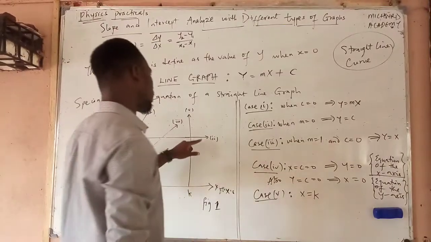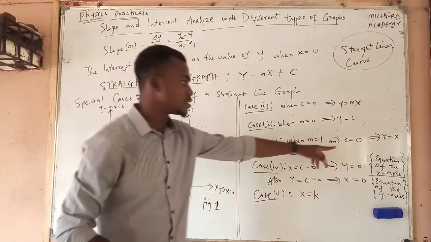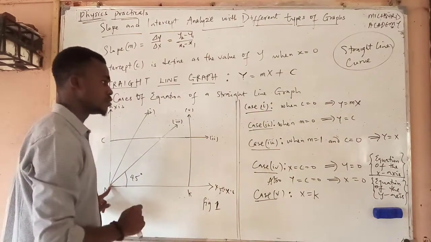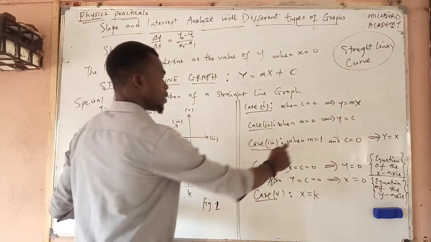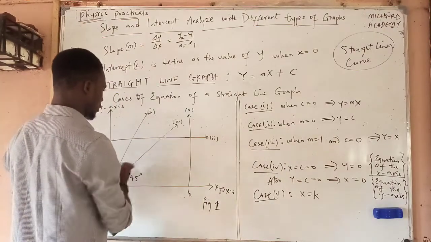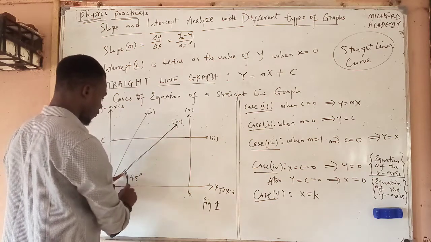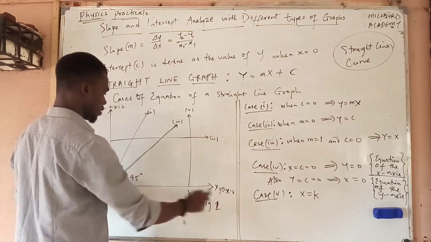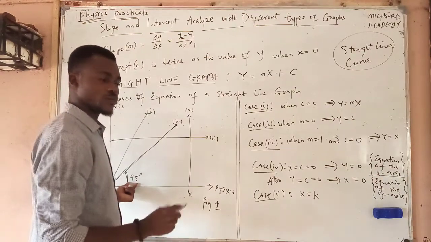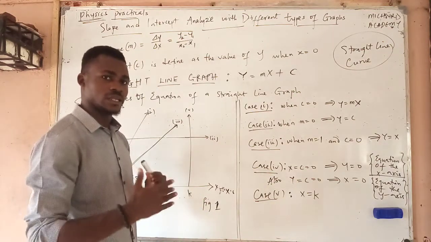That is for case 3. Since the intercept is 0, the line will pass through the origin, and the slope is 1. So the line forms an angle of 45 degrees with the x-axis, provided that the scaling we choose for the x and y axes are equal.